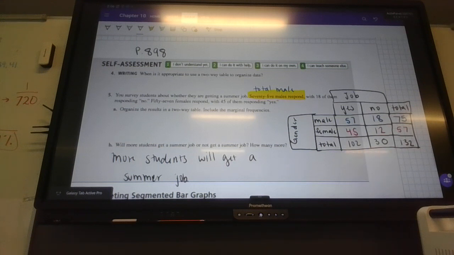How many more? 72 more will get a job than won't get a job based on our two-way table and our marginal frequencies.